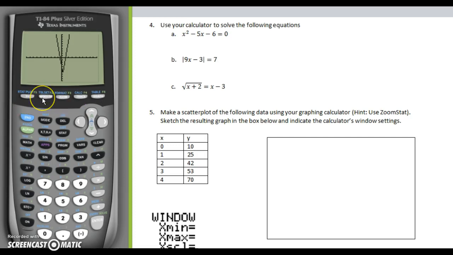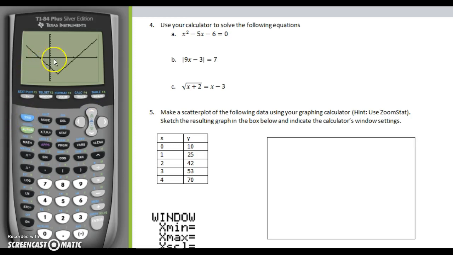I'm going to change my window just so I get a little bit better picture here. I'm going to go from -1 to 5 on the x-axis. That'll spread it out a little bit. Actually, I'm going to go from -1 to 2 on the x-axis. Spreads it out even more. Okay, so now we'll do our process.